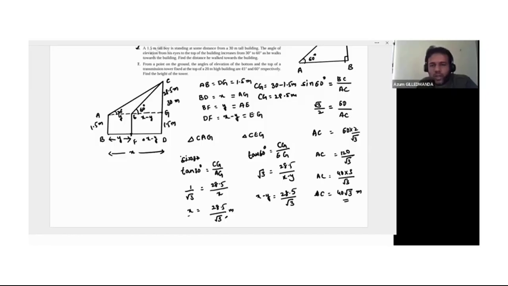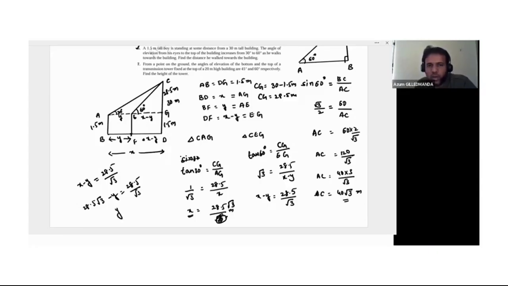Oh, hold on here. So the X here becomes 28.5 into root 3, right? Not by, so into root 3 here. That's what I was looking at. Okay, so now I have X minus Y, which is 28.5 by root 3. I know X, which is 28.5 into root 3 minus Y equal to 28.5 by root 3.